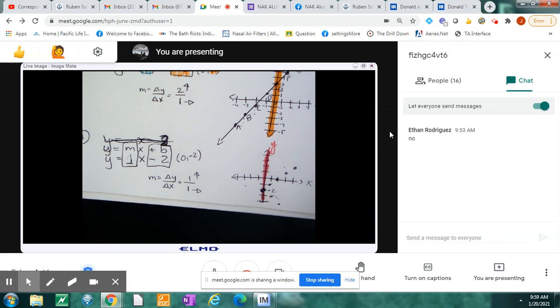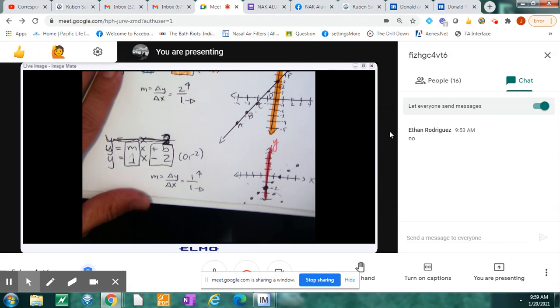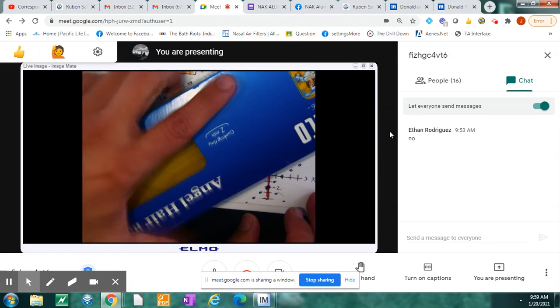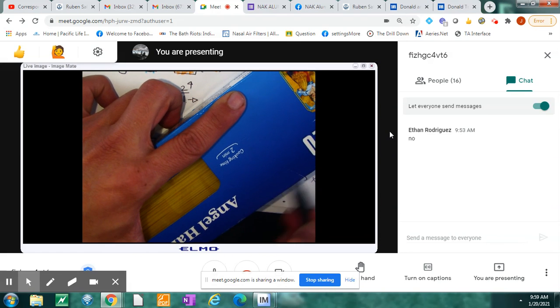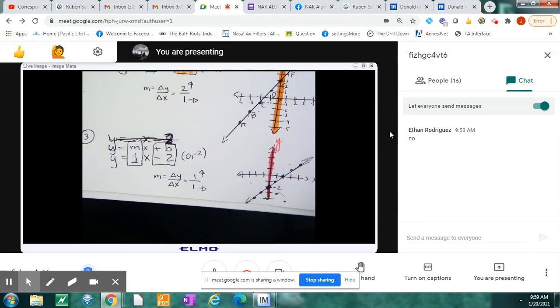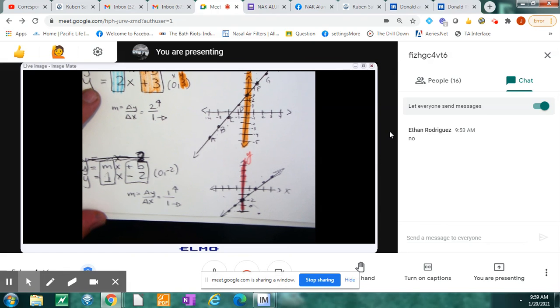You don't want a V. You want a straight line. So, okay. 1 and then left. 1 and then left. And then there you go. So there's your straight line right there. Bam. There's your straight line with my angel hair. So far, so good. Do you guys get it a little bit better?